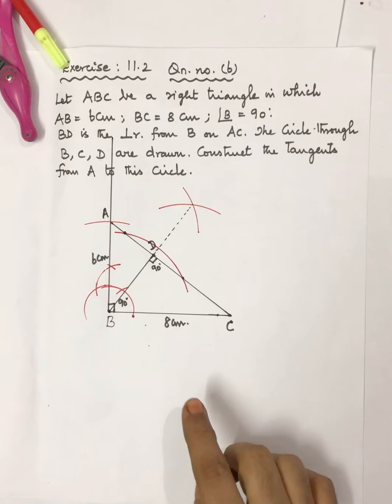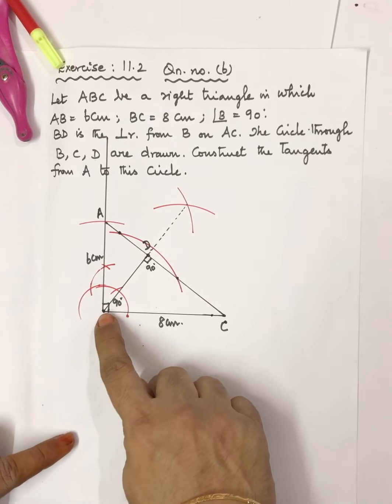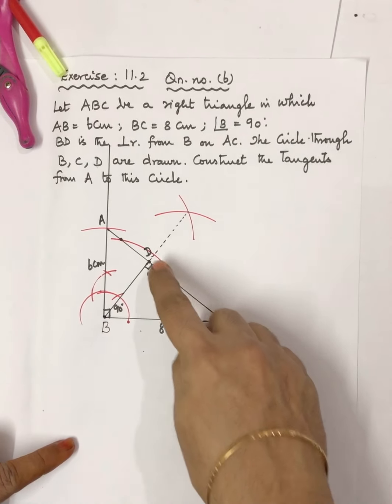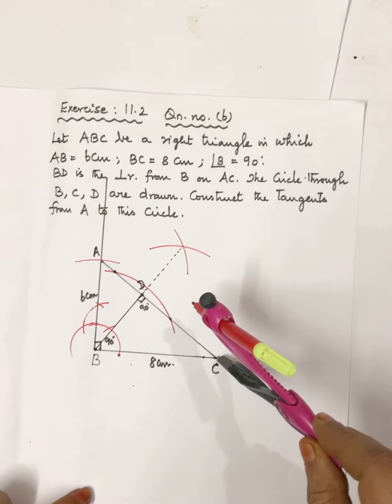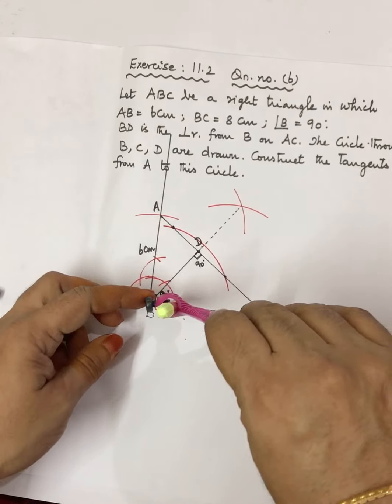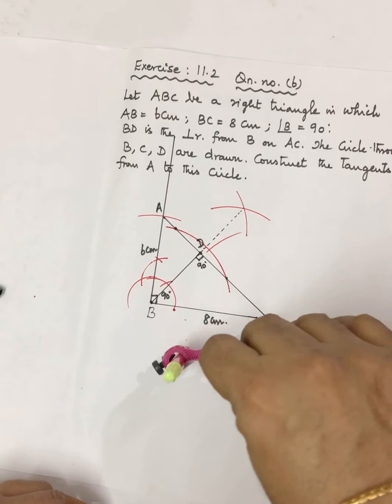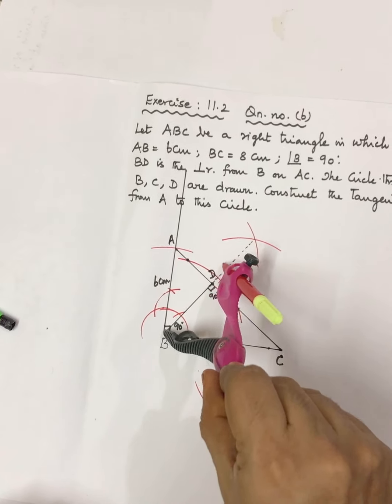Now, a circle should be drawn passing through B, C and D. So, you find the midpoint of the side BC.